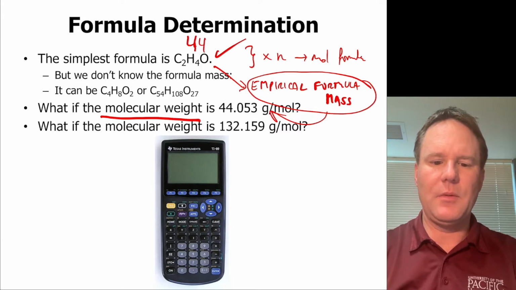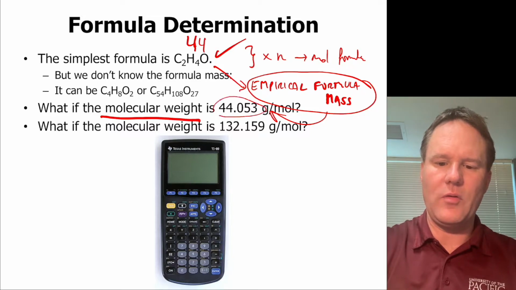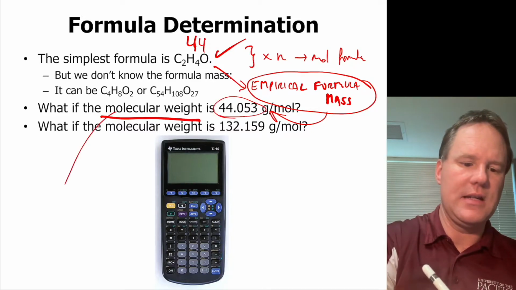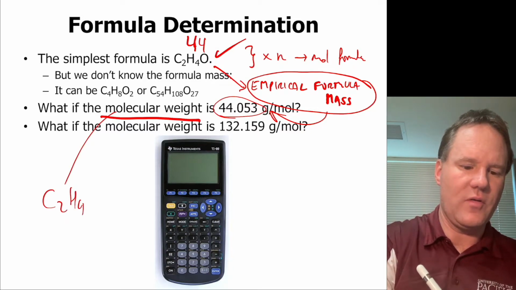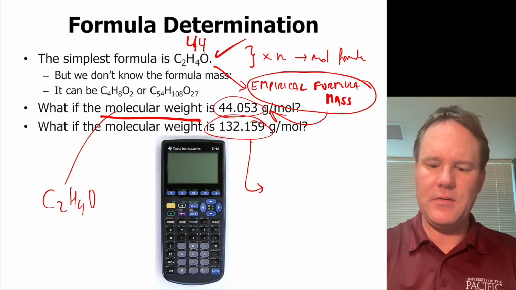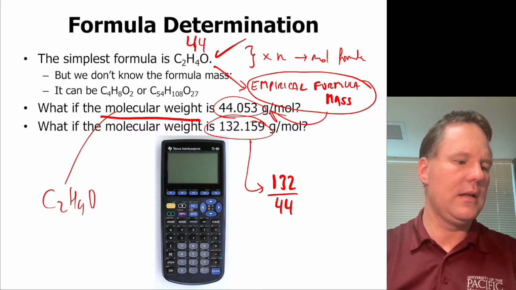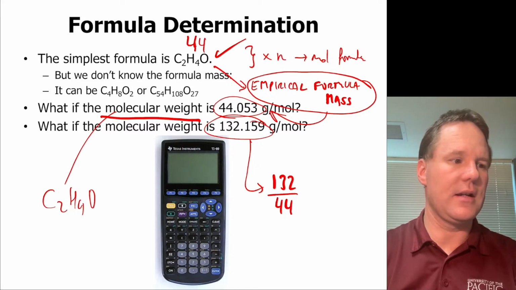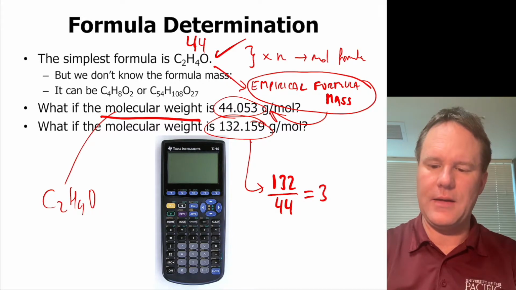So if the molar mass is 44, then the formula is indeed C2H4O. But what if the molecular weight is 132? And what you have to do is see how many times this 44 fits into the 132. And if I do that, then not surprisingly, I get 3, right?